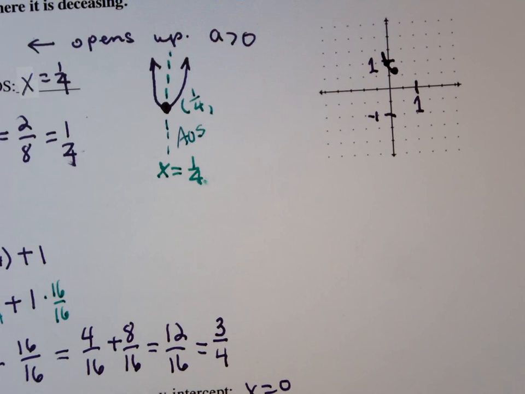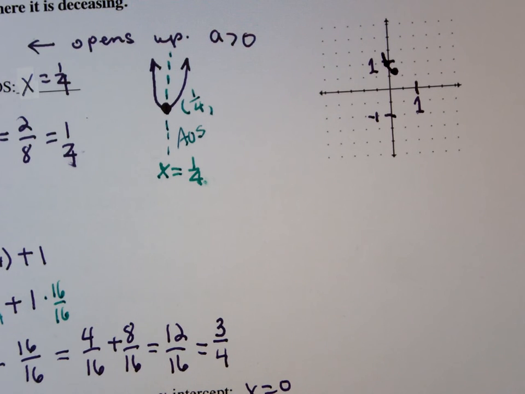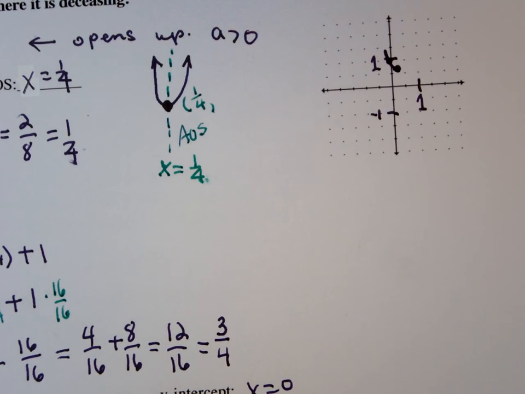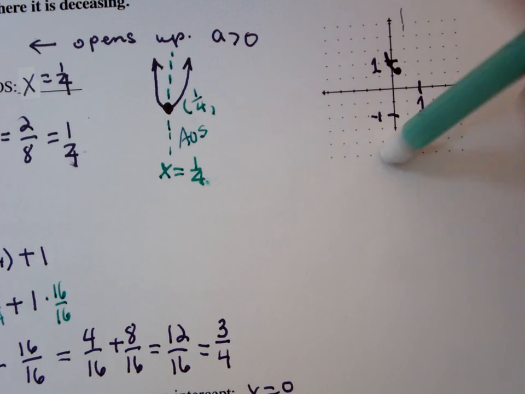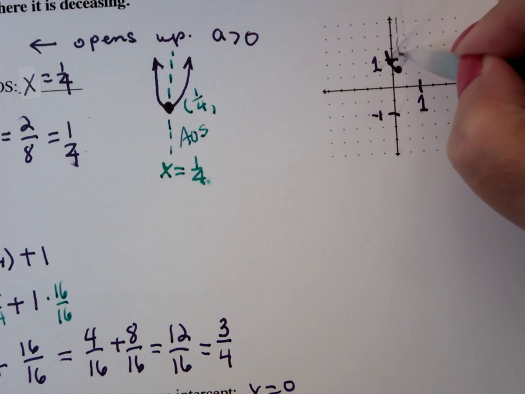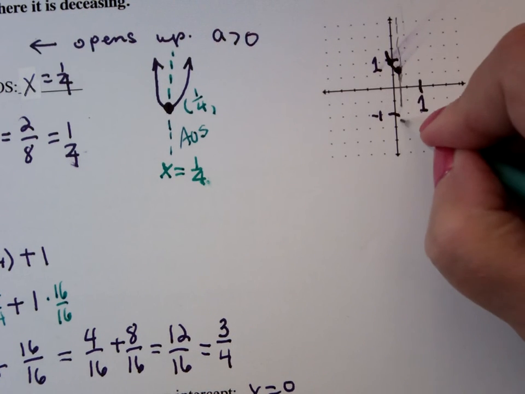Now what could I do to get the other half? Which means I would use what? If I flip it, I'm using what idea? Begins with an S. Symmetry. So if I'm going to go that direction, I'm going to pencil in, this is 1/4.